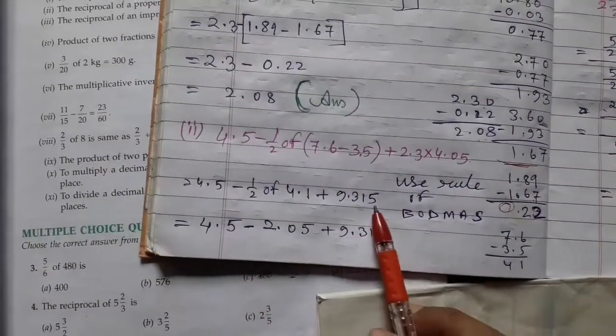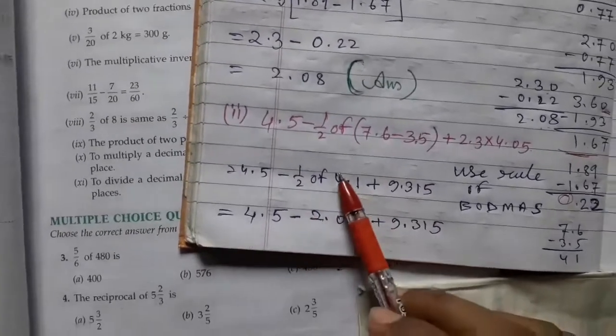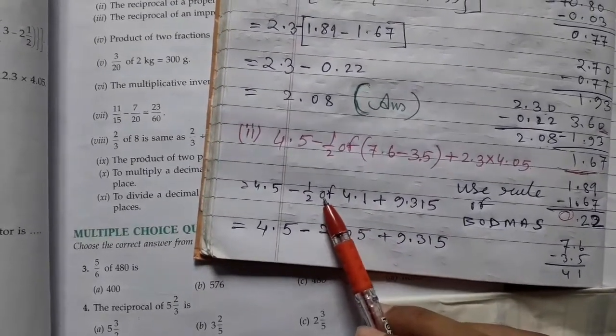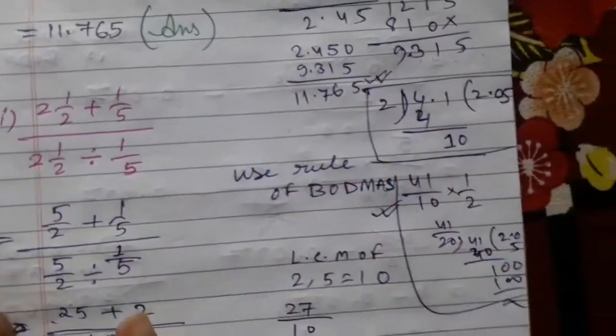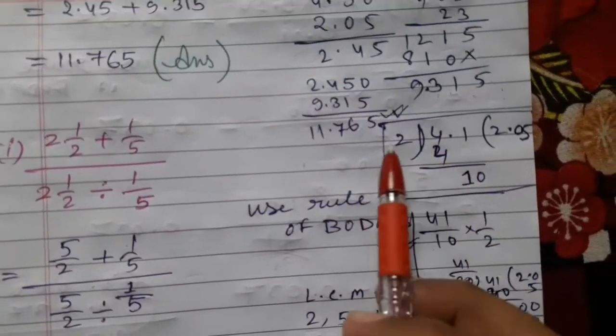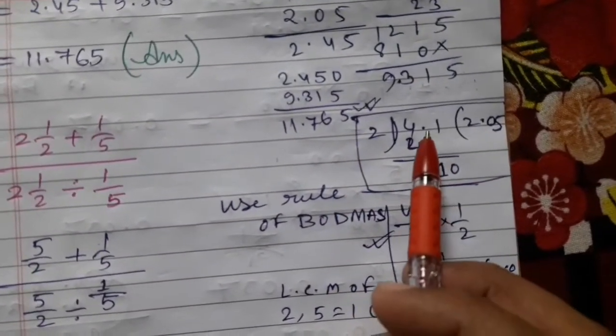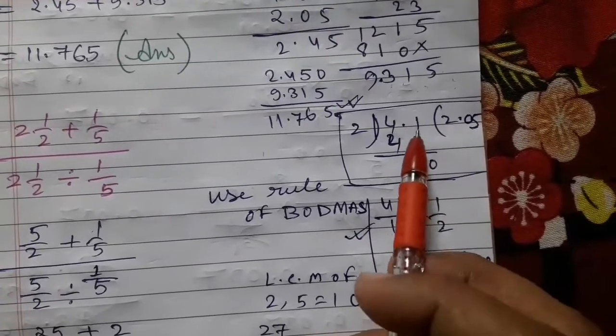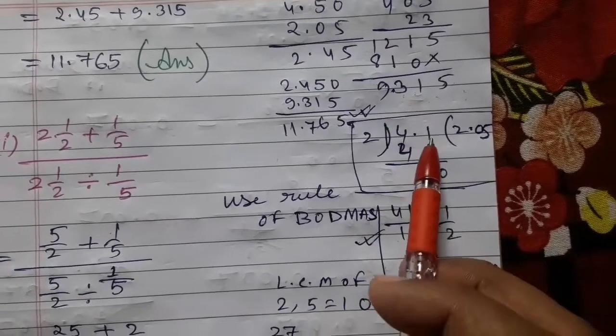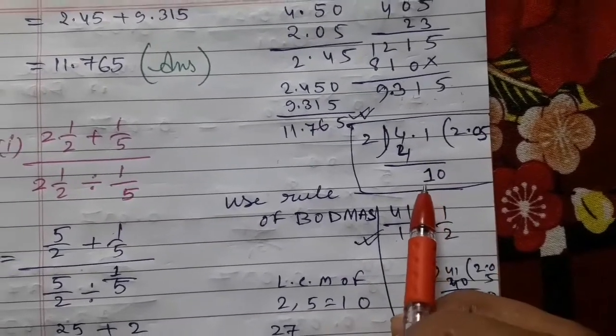Next, we have 9.315. Of means multiply. We have to divide 4.1 by 2. There is a process for dividing a decimal number: 2 into 4, put the decimal point, then bring 1 down.